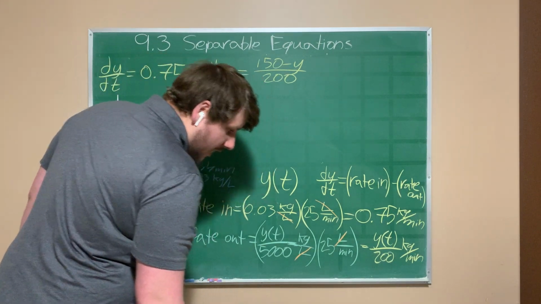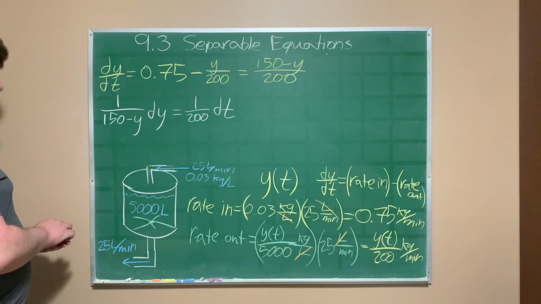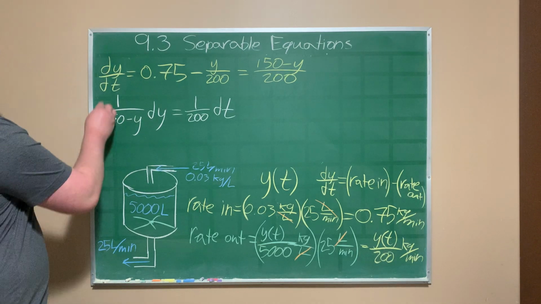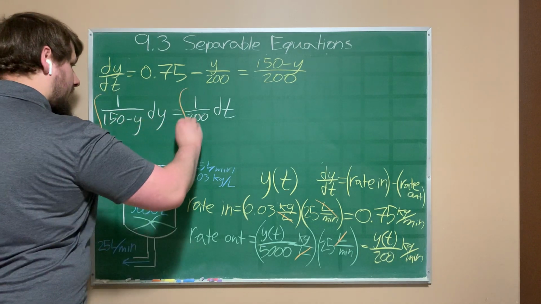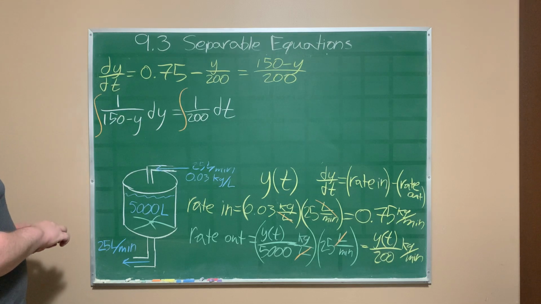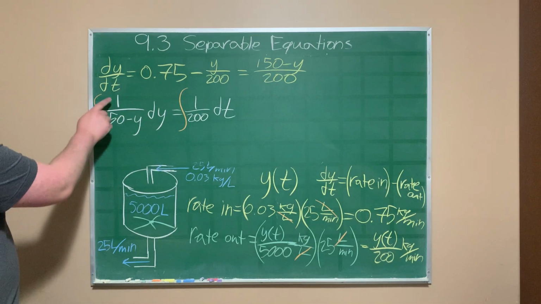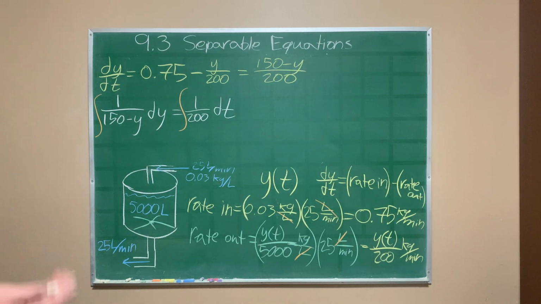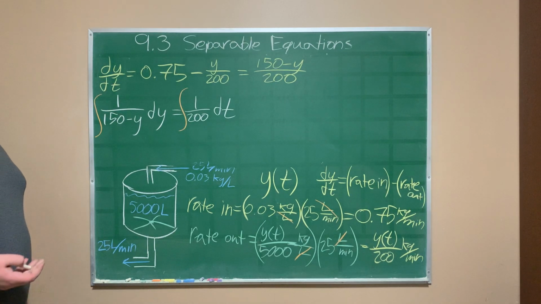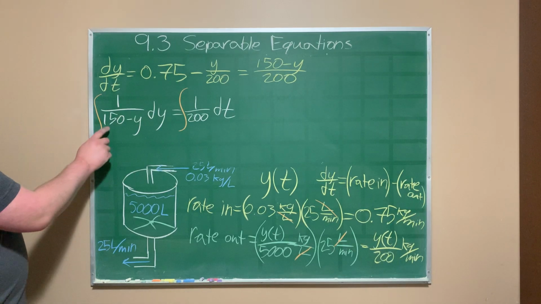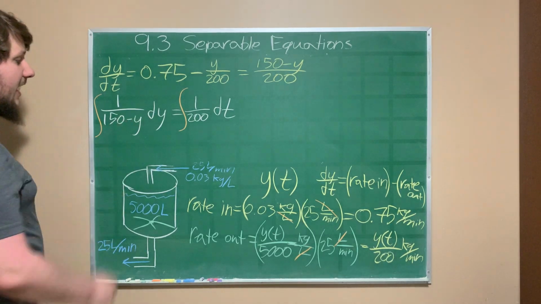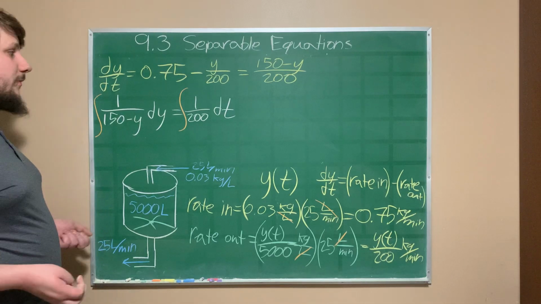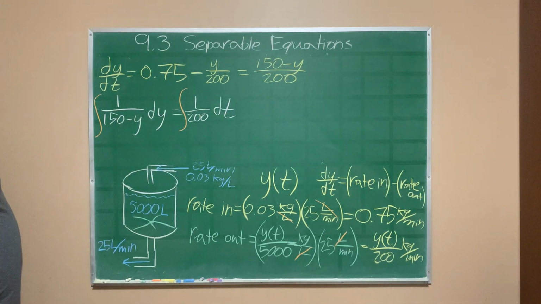Okay, so now we're going to take an integral on both sides of this equation. Apply an antiderivative here and here, and see what comes out. All right, on the left side, we have 1 over a constant minus our variable here. This is going to turn out to be a natural log. You can use a quick u substitution if that makes you more comfortable, with u being 150 minus y. That'll show you when you use the chain rule part that you'll get an extra factor of negative 1.